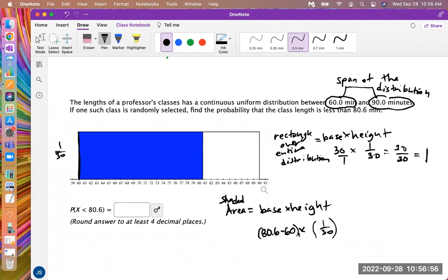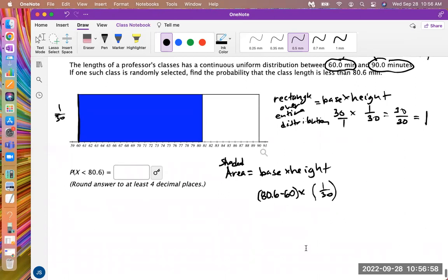And then now we just calculate 80.6 minus 60, which is 20.6, times 1/30, which is 0.686 or 0.687.